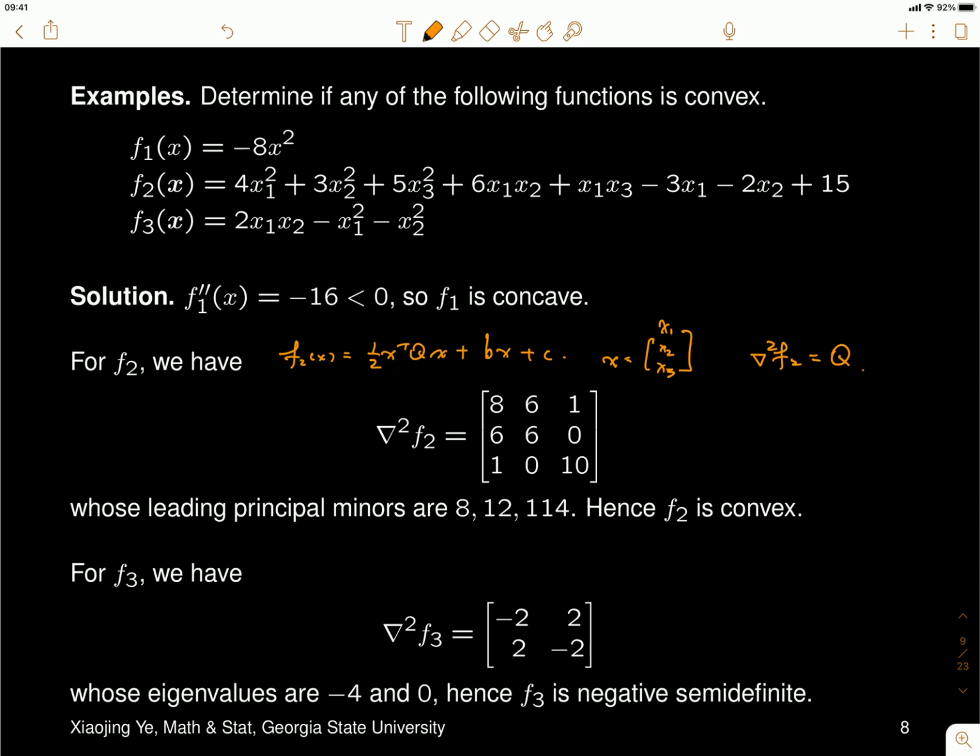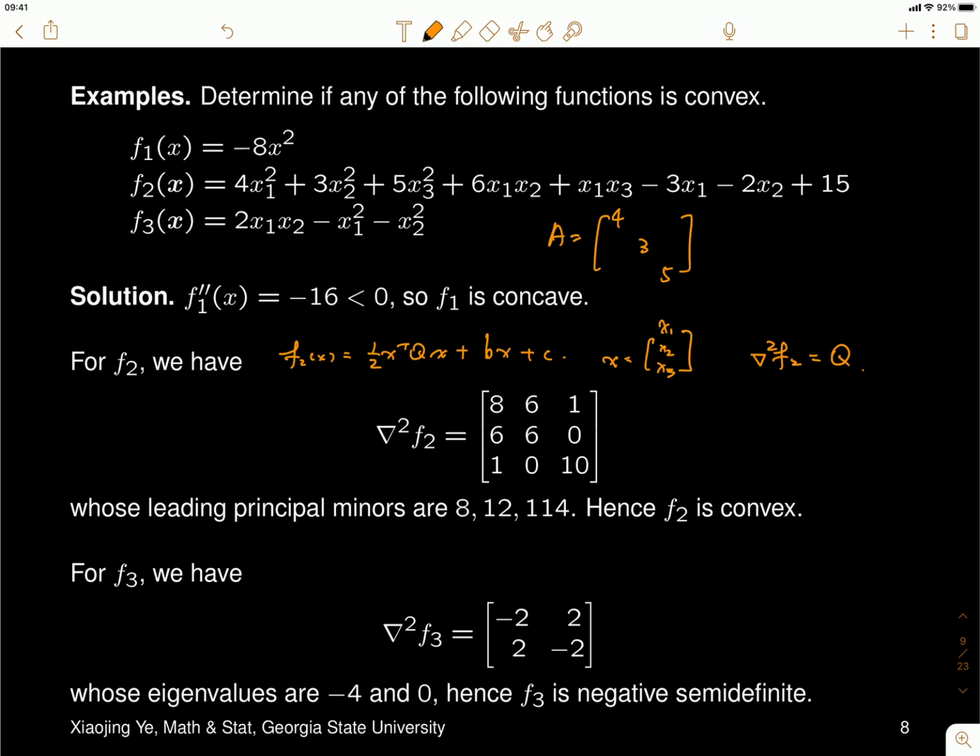Similar to before, we first write down the matrix A, which indicates the coefficients for the xi xj terms. The first one is for x1 squared, that is 4. x2 squared is 3. x3 squared is 5.